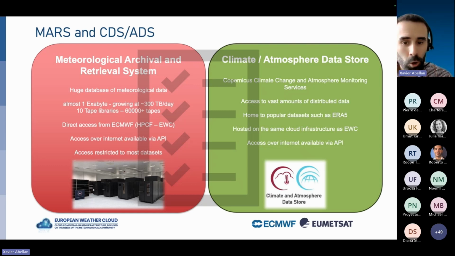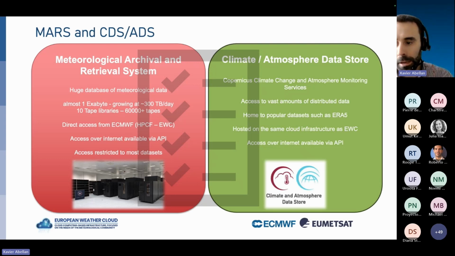And this is the home to a very popular data set you may have heard about, the ERA5 reanalysis data set, which is free and open, and you can access it from anywhere, even if you don't have any special grants.